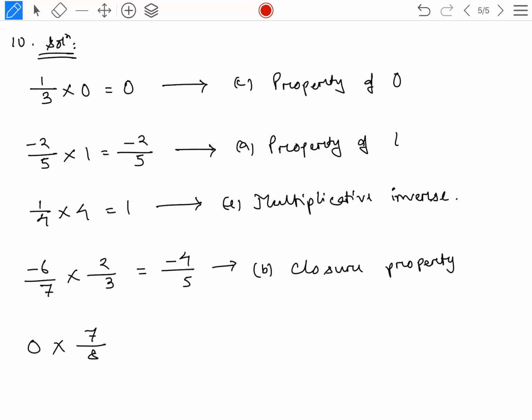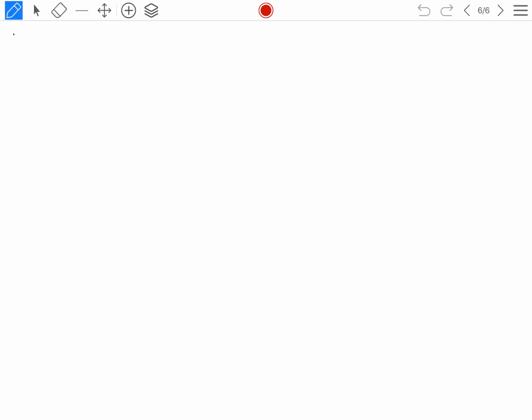Then number 5 is 0 into minus 7 by 8 equal to minus 7 by 8 into 0. You can see that the positions of the numbers are exchanged, but the results are the same. This property is known as commutative property. Understood?